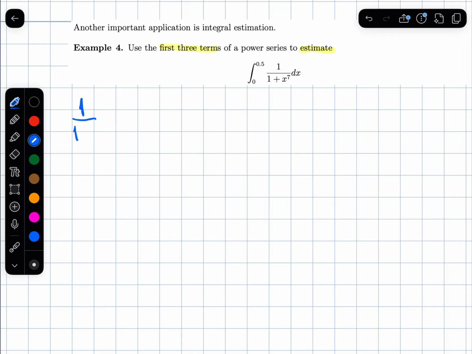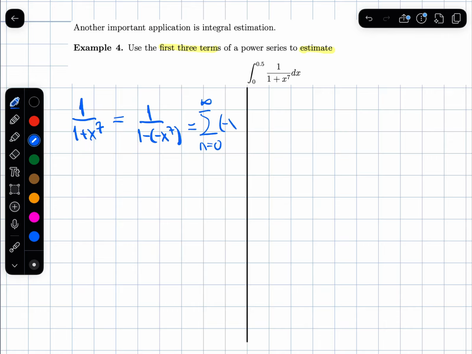I know that 1 over 1 plus x to the power 7 is 1 over 1 minus (negative x to the power 7), which equals, if I use my geometric series now, the summation from 0 to infinity of (minus x to the power 7) to the power n, and that will be n equals 0 to infinity, by splitting the negative 1 to the power n with x to the power 7n. Then I should be fine here.